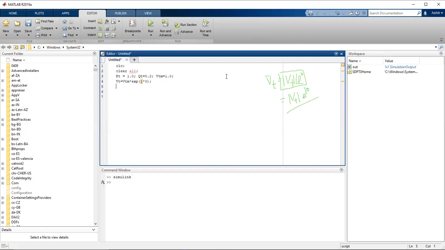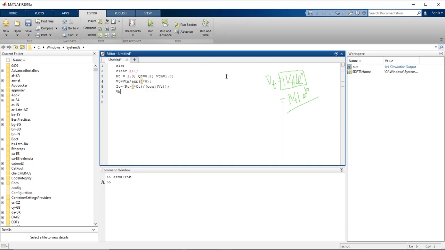Then we calculated IT. This is a phasor. How did we calculate IT? PT minus JQT divided by conjugate of VT phasor. Is it okay? PT minus JQT divided by conjugate of VT should be a bracket. So IT is done.